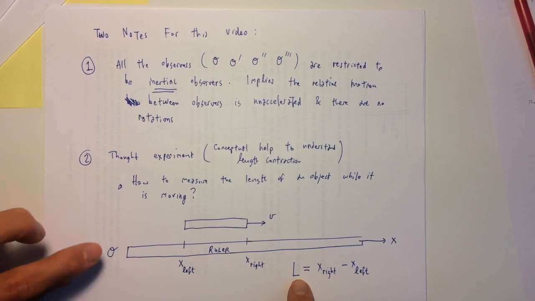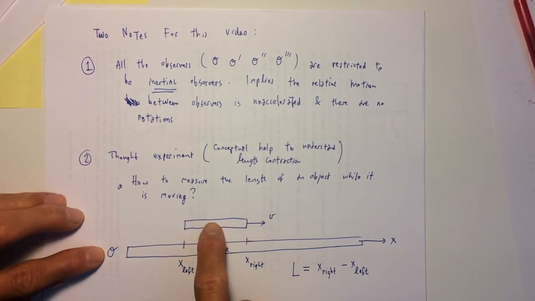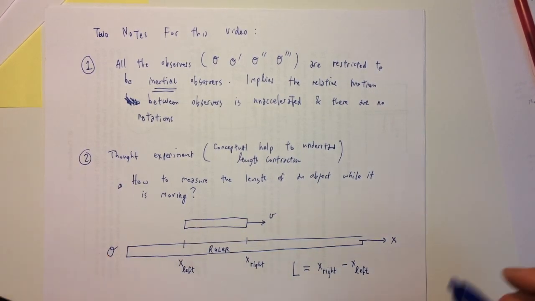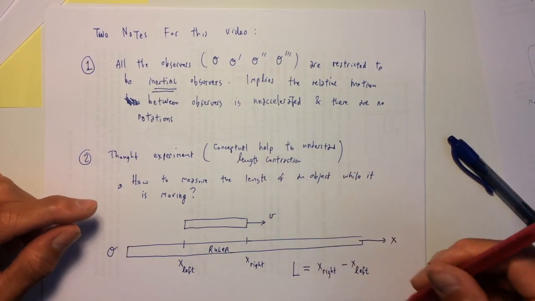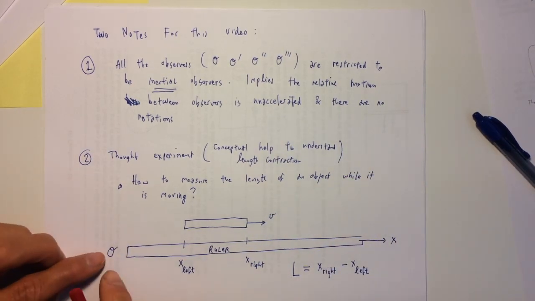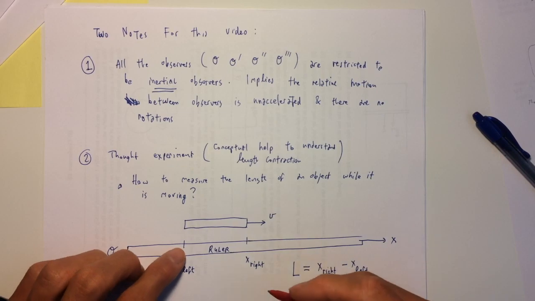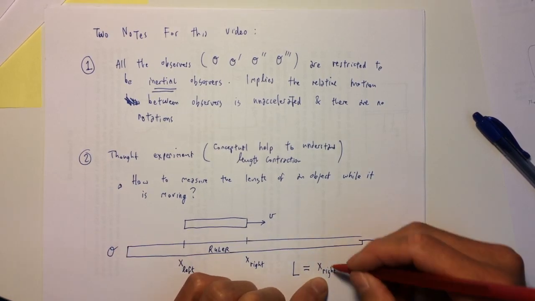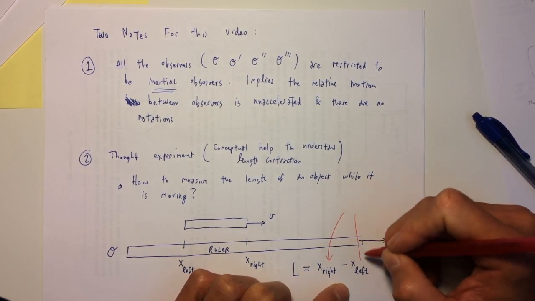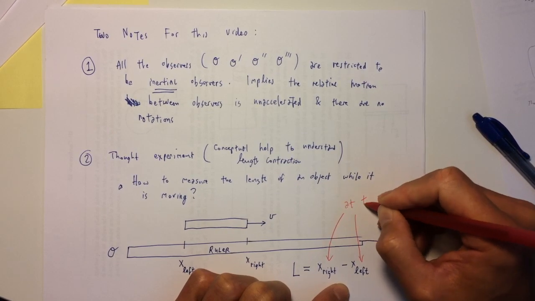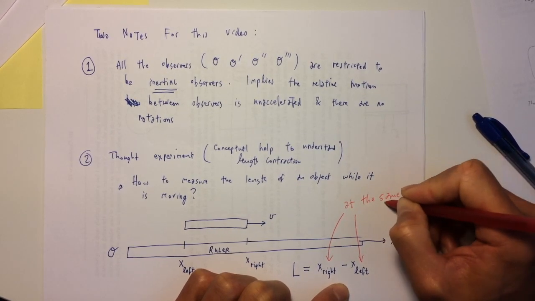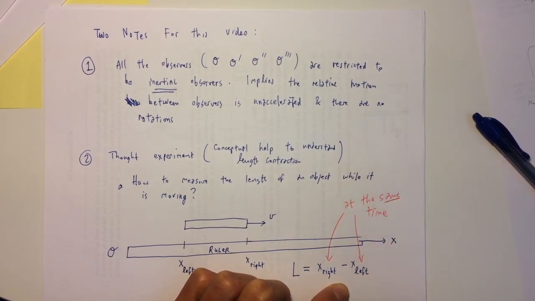This is the length measured by O while this thing moves. But the careful thing that you need to do is, as an observer, you need to make these measurements at the same time.